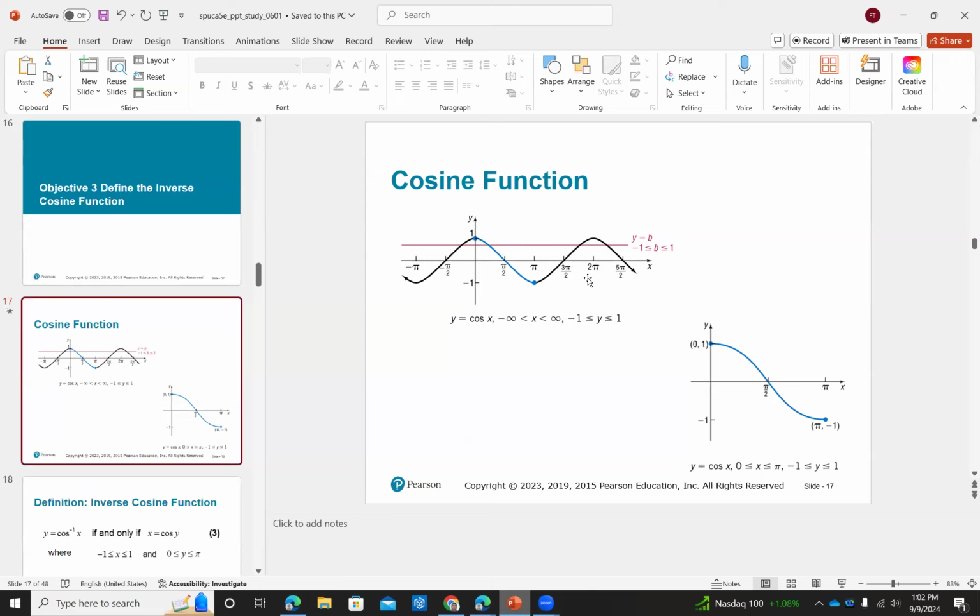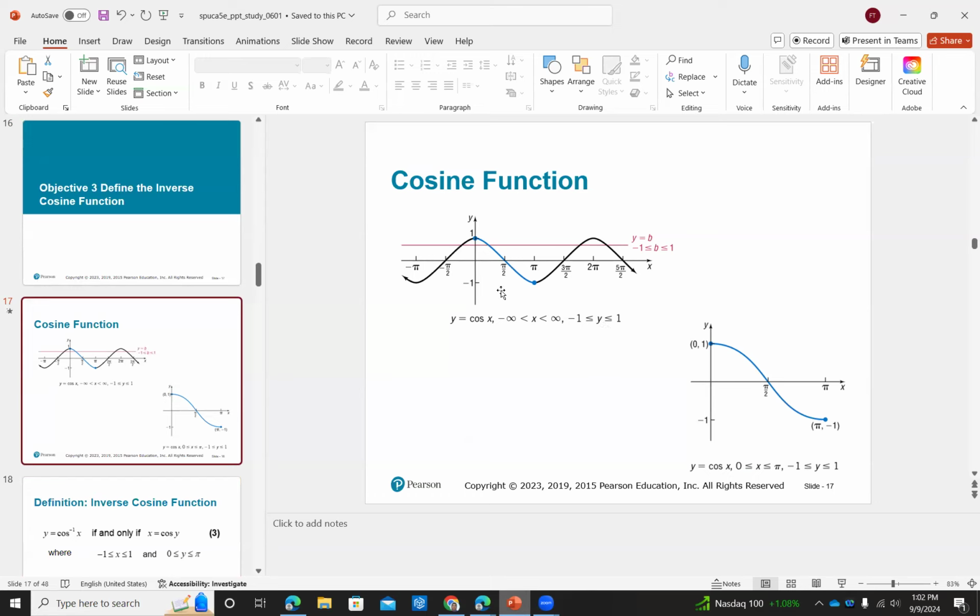So for the cosine function, normally the domain is again from -infinity to +infinity, which means that you can find the cosine value of any angle from -infinity to +infinity, and its range is from -1 to +1. So the cosine graph is going to go as low as -1 and as high as +1, and this is the range for the cosine function.